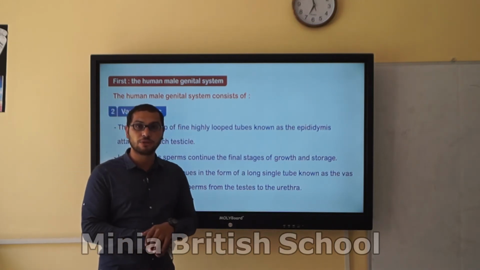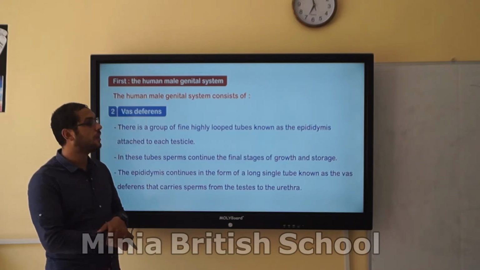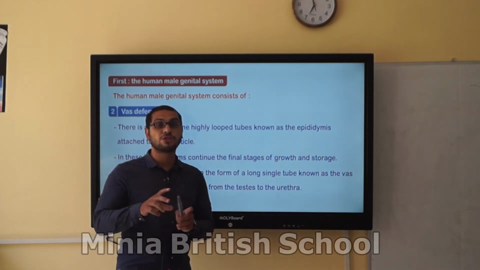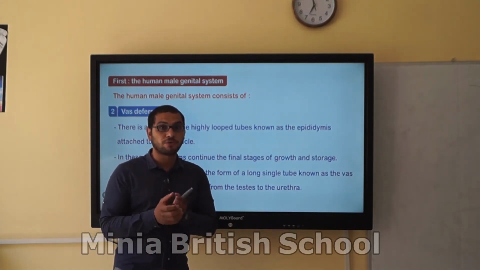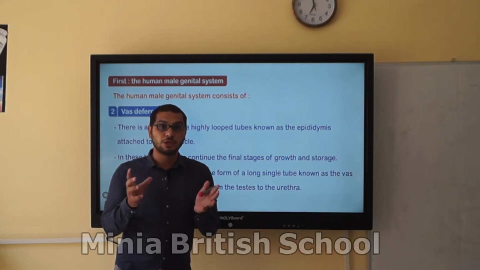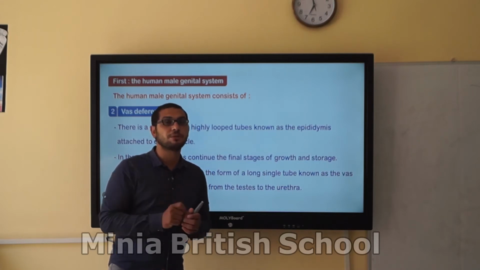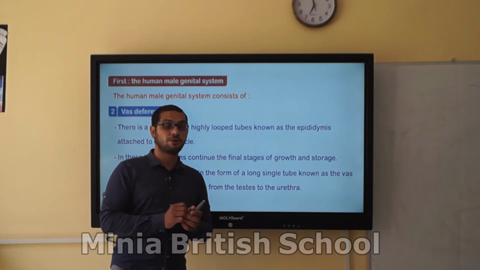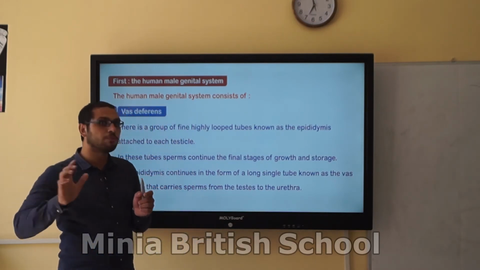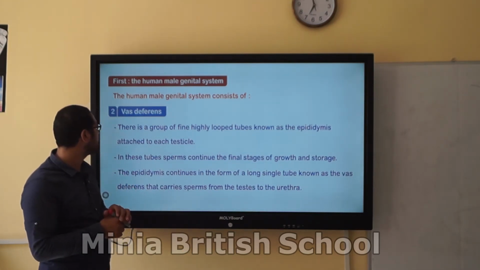The second component is the two vas deferens. Okay, each testis consists of a group of convoluted or highly lobed tubes known as the epididymis, and each epididymis extends to form a single tube known as the vas deferens.